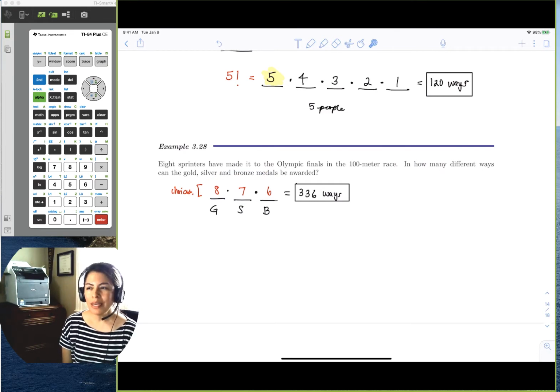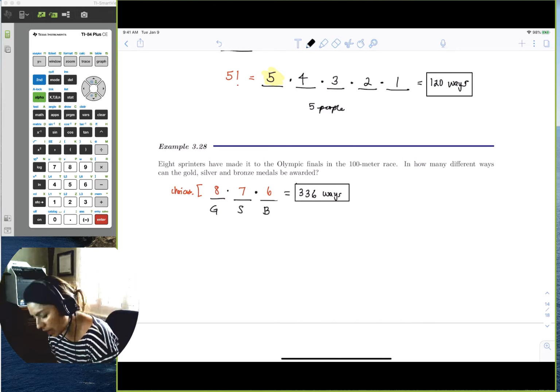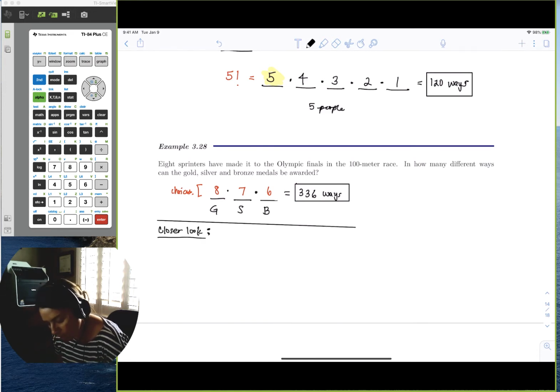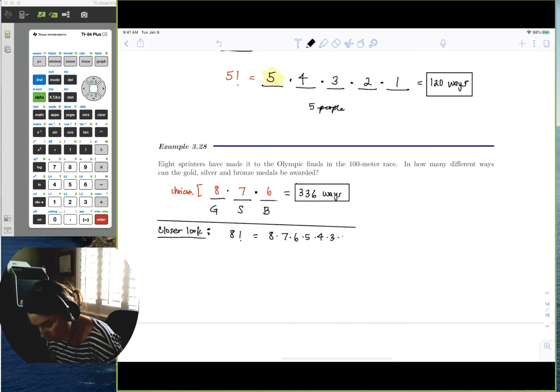Okay, well, let me play with this a little bit. Let's take a closer look. Let's say I do have 8 factorial, and that's 8 times 7 times 6 times 5 times 4 times 3 times 2 times 1.